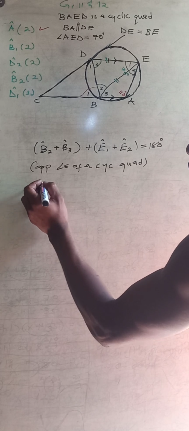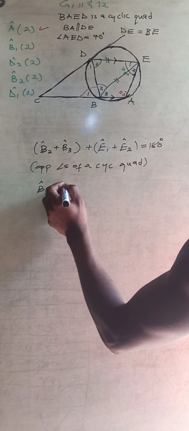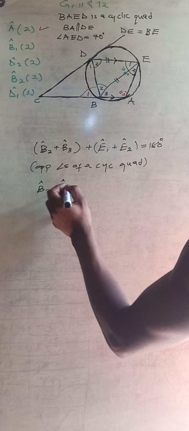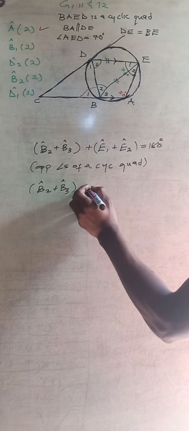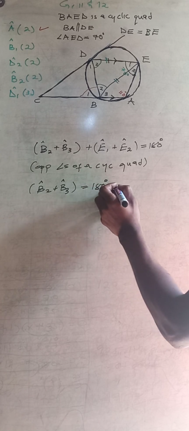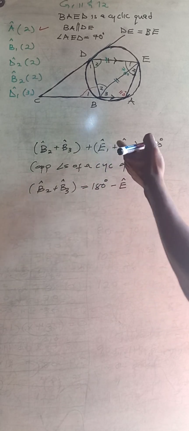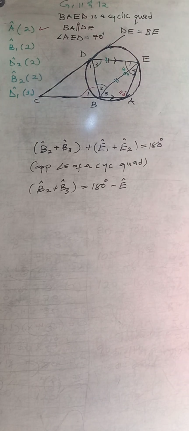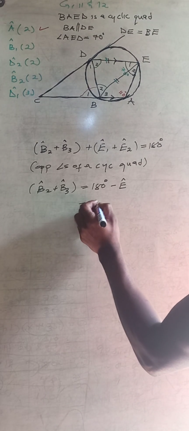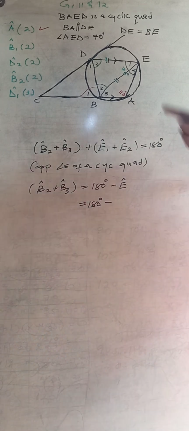So angle B2 plus B3 is equal to 180 degrees less angle E. Since we do not have any other angle, let's just call it angle E. So this will be 180 degrees less angle E.